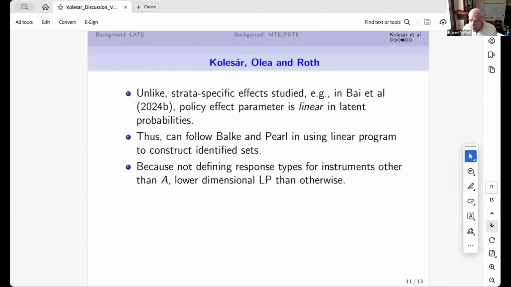Typically in this kind of Balke and Pearl style setup, or in my work with Bai, Zim, and Sarah, for an unconditional parameter, like the average treatment effect, the linear program ends up being linear in the latent probabilities. But for a conditional parameter, like average effect conditional on some subgroup, it only ends up being linear in the latent probabilities if the probability of that conditioning event is known or is point identified.